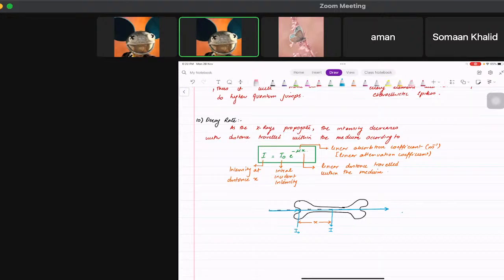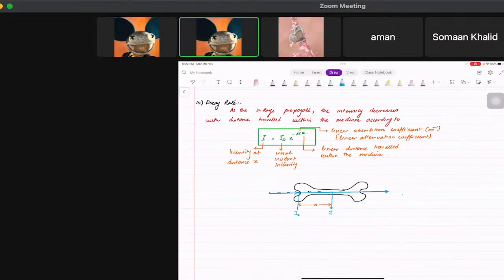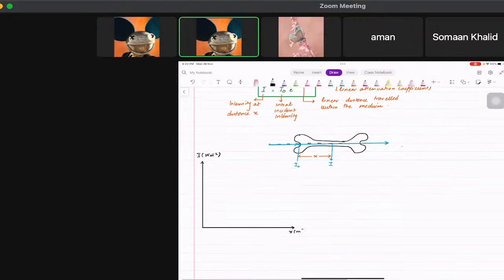Now, how it changes, because it's an exponential function, as you can see. When you draw a graph of this, this is the intensity in watts per meter square, and this is the distance in meters. The starting intensity was I naught, and it shows an exponential curve.